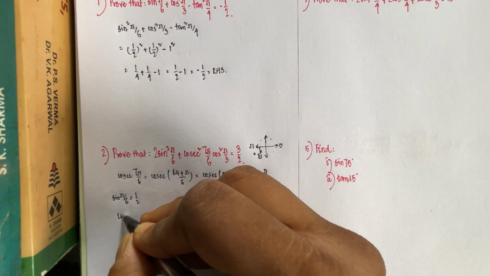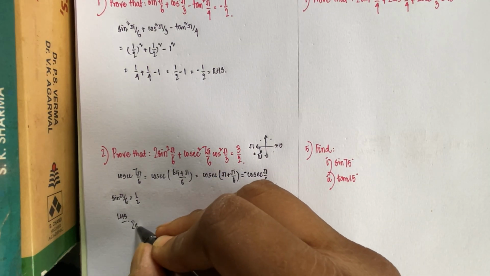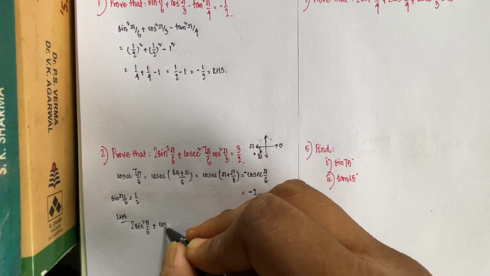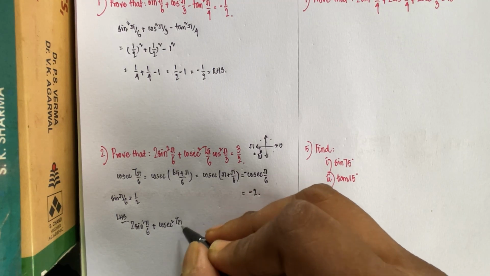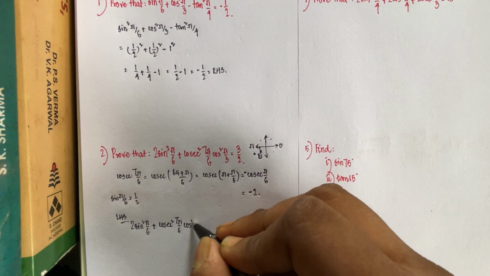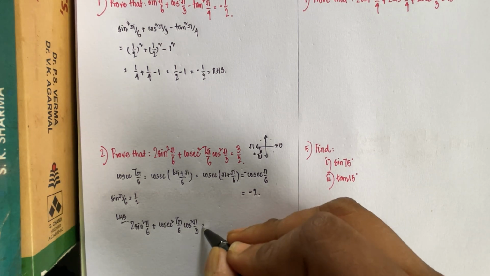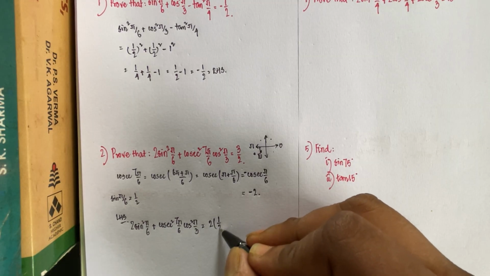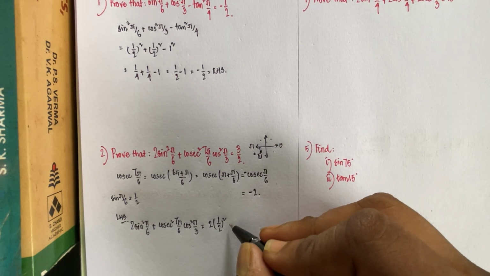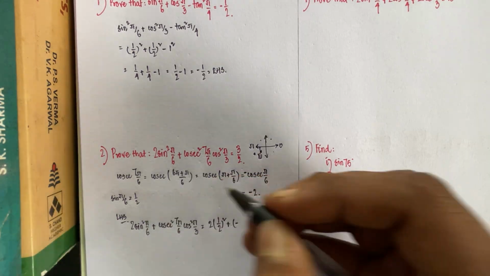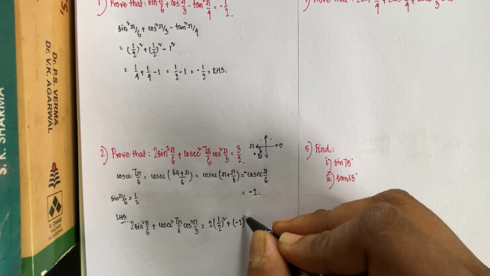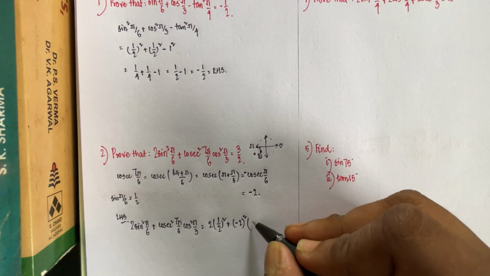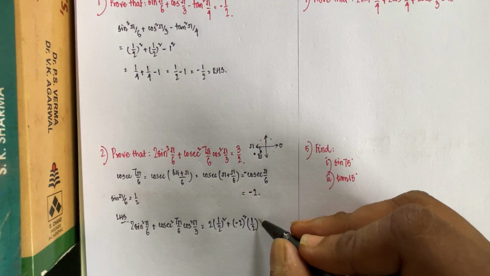Now if we take the left hand side, where we have 2 sine square pi by 6 plus cosec square 7 pi by 6 into cos square pi by 3, then if we put the values here, it is 2 into sine pi by 6, which is half, so half square, plus cosec square 7 pi by 6 is minus 2, so minus 2 whole square, and cos pi by 3 is half, so half square.